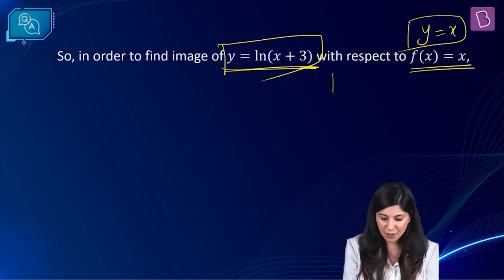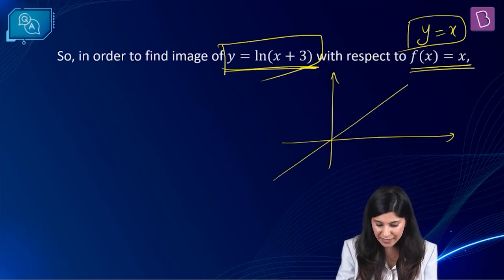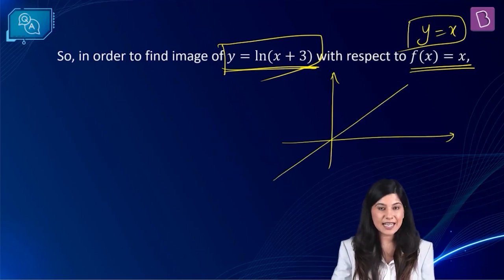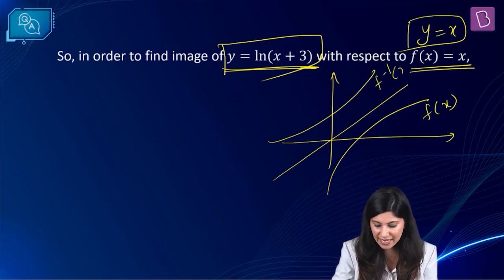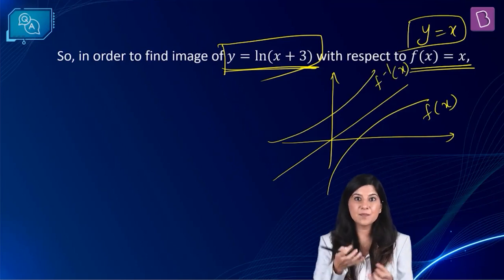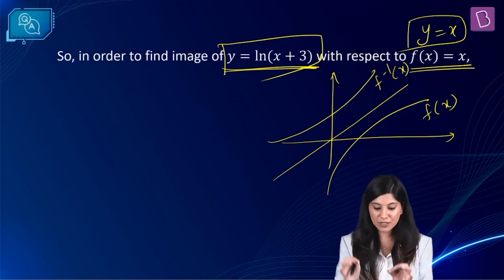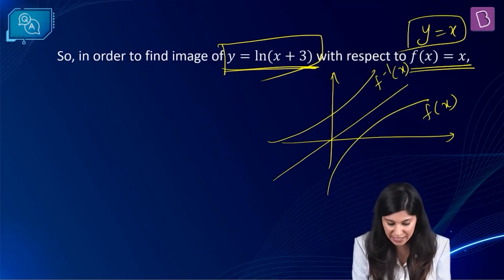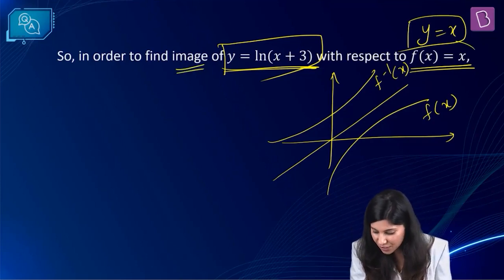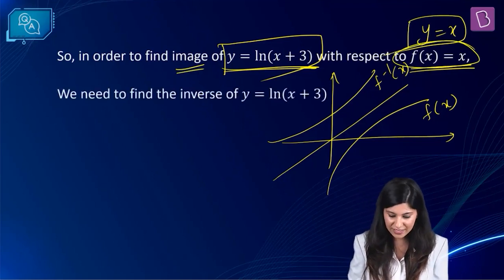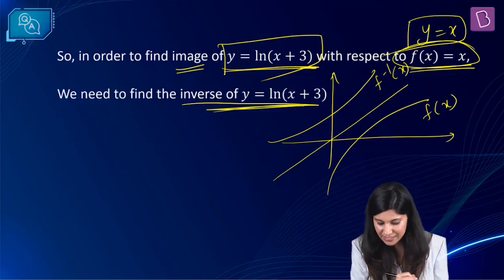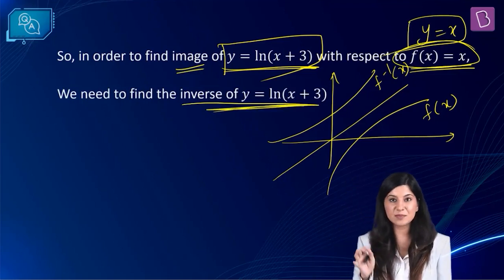Do you remember this concept? If I talk about the y equal to x line, about this line, function f of x and f inverse x are symmetric, or these are mirror images of each other about this y equal to x line. That means if you need to find the image of any function about the y equal to x line, you just need to take the inverse of that particular function. Yes, we are interested in the inverse of y equal to ln x plus 3.